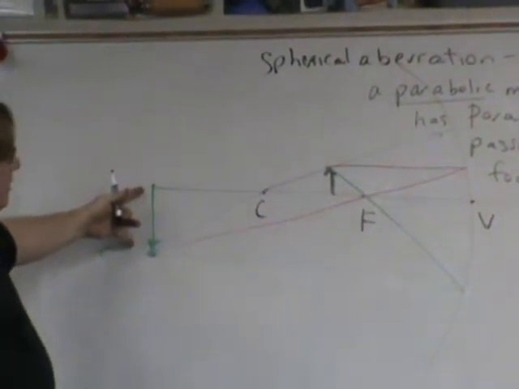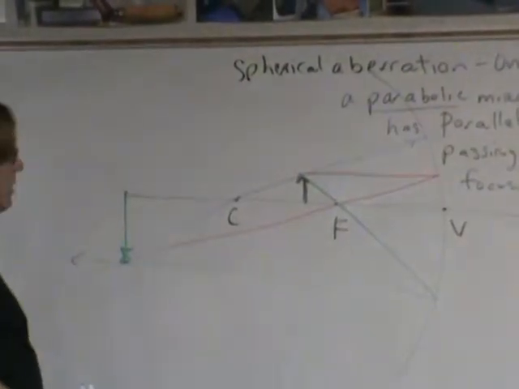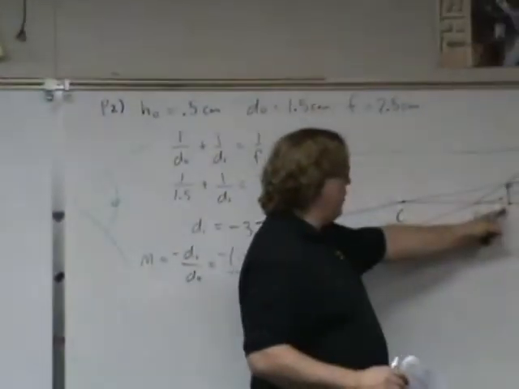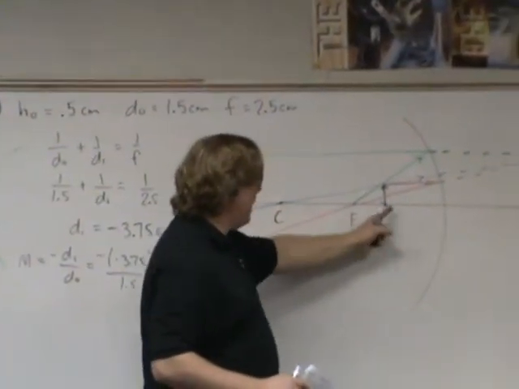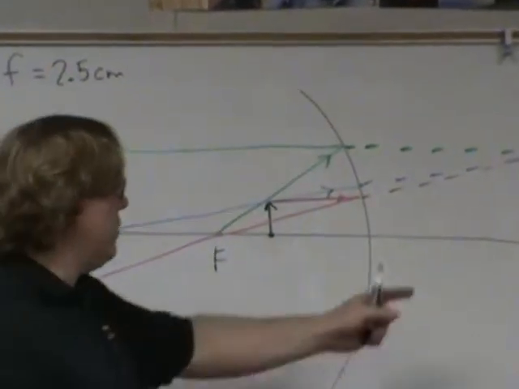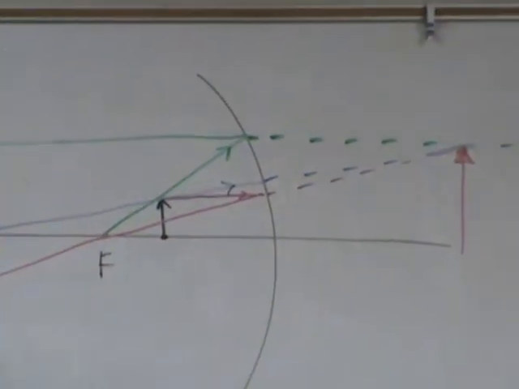And then finally, we did one where the object was between the focus and the vertex. Now the image went virtual. The image is virtual, enlarged, and upright.